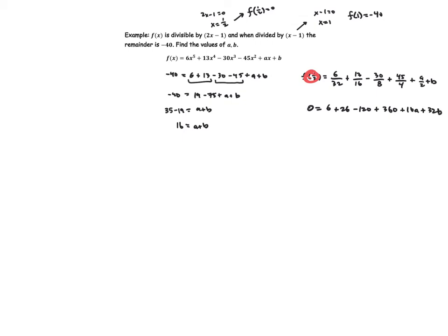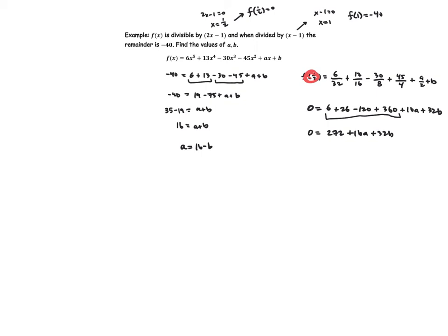Now let's combine some like terms here. 360 minus 120 is 240. 240 plus 32 is 272. Plus 16a plus 32b. Over here I'm going to say that a equals 16 minus b.